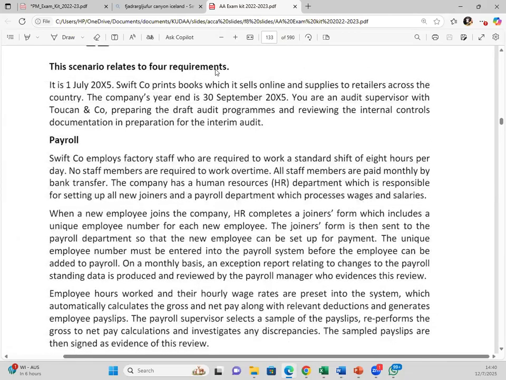So let's read the scenario. Let's read the introduction first. Let me give you time to go through it, then we read it together.